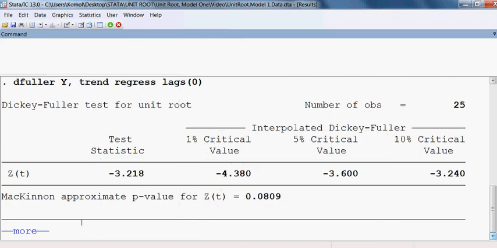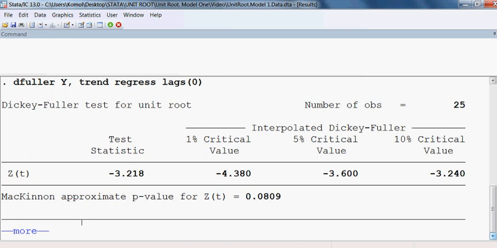The result has come up, right? So here is the result. The lag is 0, that we set, and this one is the test statistic. And this is the 5% critical value, and here you can see that 3.21 in absolute value is smaller than 3.6.